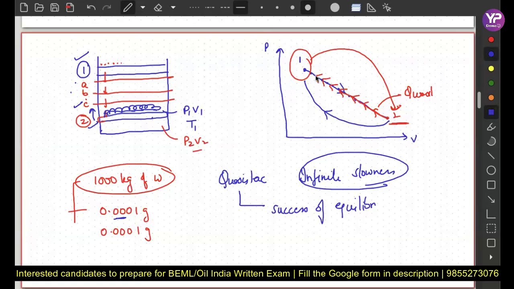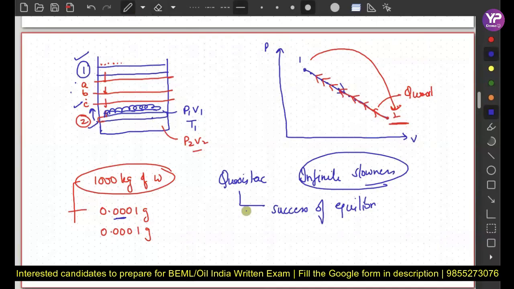Understood? That is the definition of reversible process. Or you can say reversible process is one which is carried out in such a way that if you reverse this process, you are going to have the same equilibrium states which were there in the forward process. So that is a reversible process.